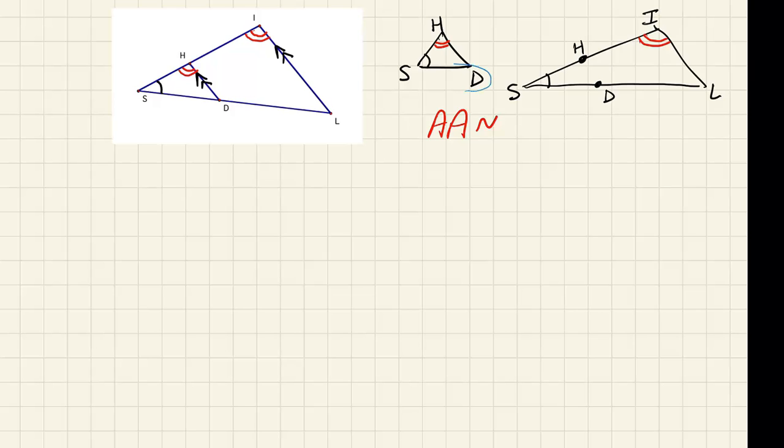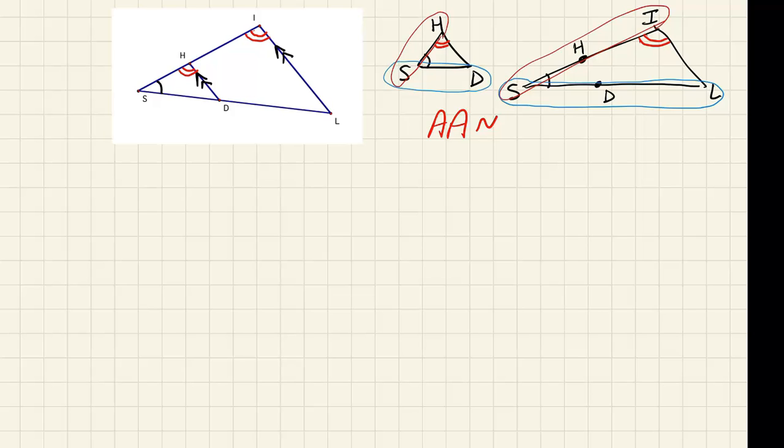So that would mean that this side, SD, is in some ratio with this entire side, and that ratio would be the same as this side SH divided by this side SI. So we could write a proportion like that.